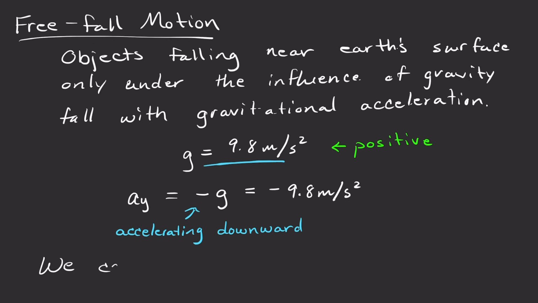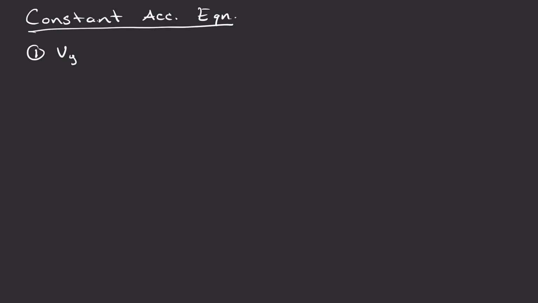Okay, so now we can use our kinematic equations. We have a special case of constant acceleration, so we can go to our constant acceleration equations and plug in this value of g. I'm going to write the constant acceleration equations and then show you what they become in free fall.